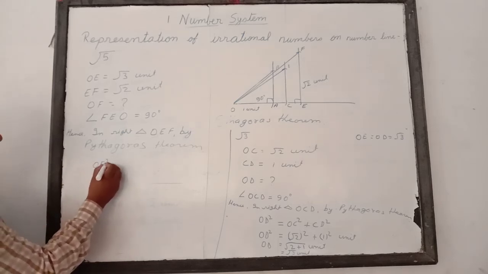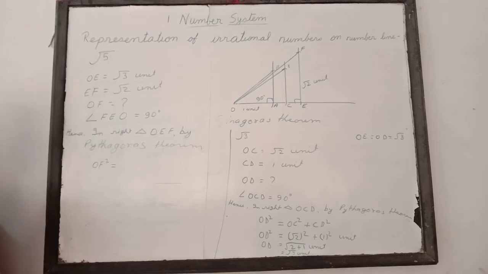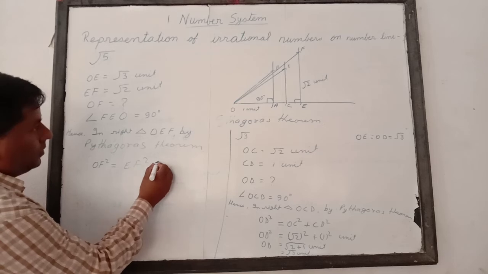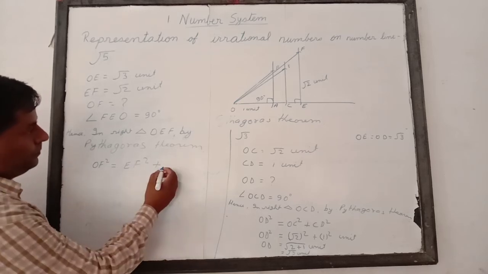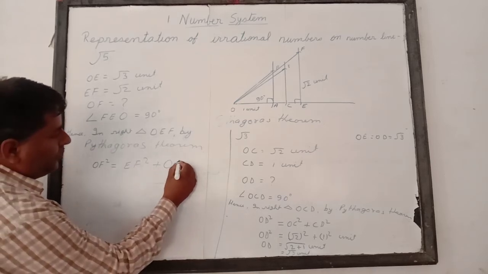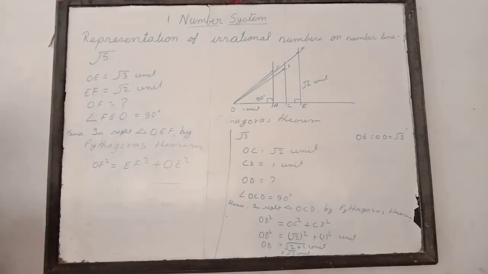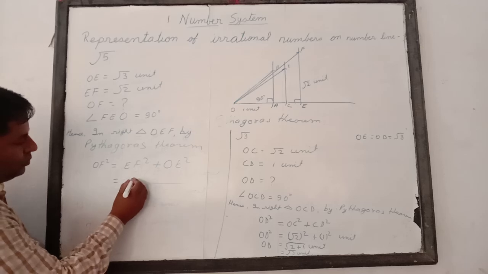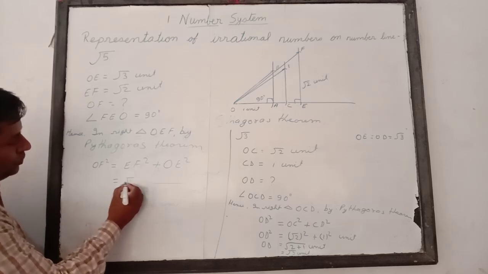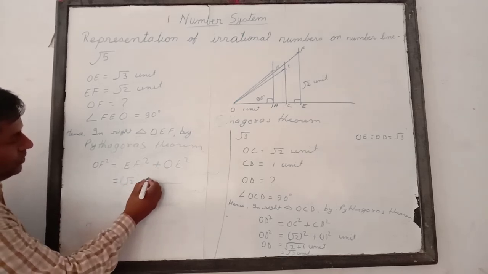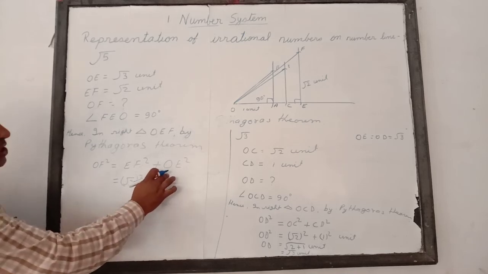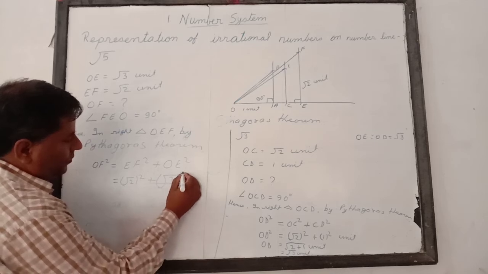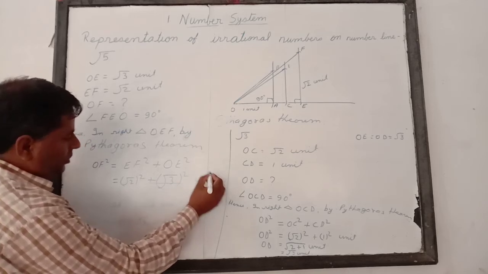OF square is equal to EF square plus OE square. Now we can put the value. EF is equal to under root 2, so under root 2 square, plus OE is equal to under root 3 square unit.